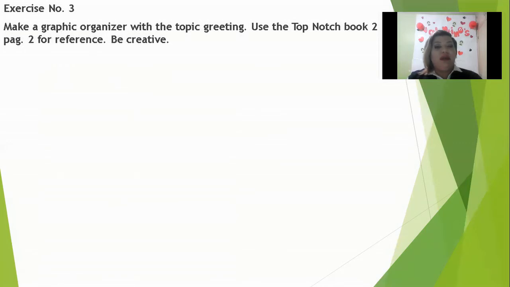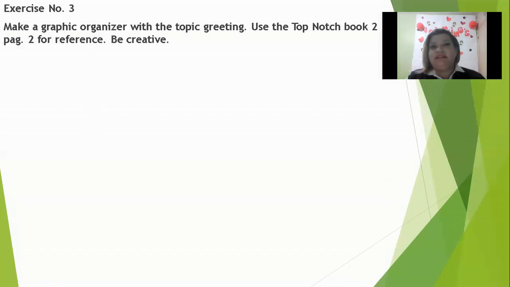Exercise number 3. Make a graphic organizer with the topic greeting. Use the Top Notch book 2, page 2 for reference. Be creative. Remember when I showed you the video of different greetings around the world? In Japan, they say hello by taking a bow. In Europe, they give hello with 2 kisses.